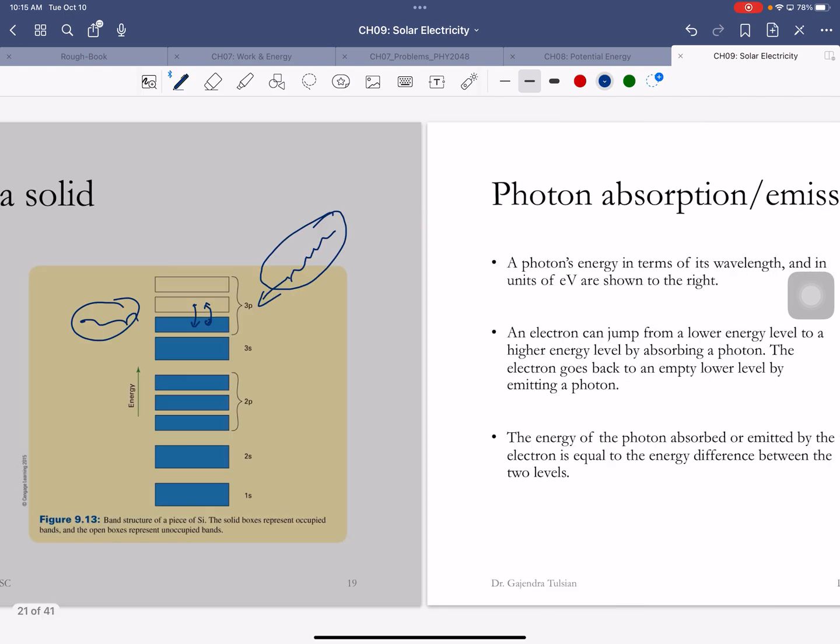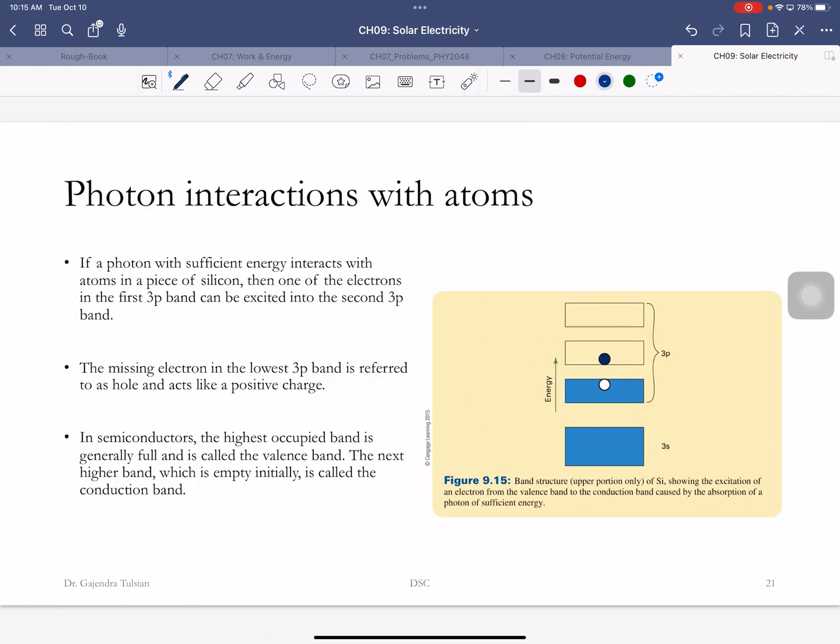So when the photon got absorbed, this electron jumped over there. This is called the conduction band. The electron is negative, and this hole that was left behind acts like a positive charge. Okay? You guys understand that? And this makes sense. The electron, the negative charge, is being attracted by the positive charge, and that's why it collapses there. It recombines within a billionth of a second. And you're trying to prevent that from happening.